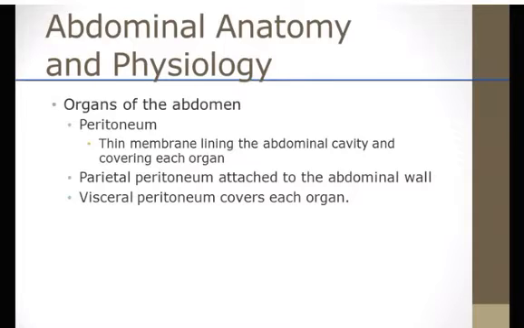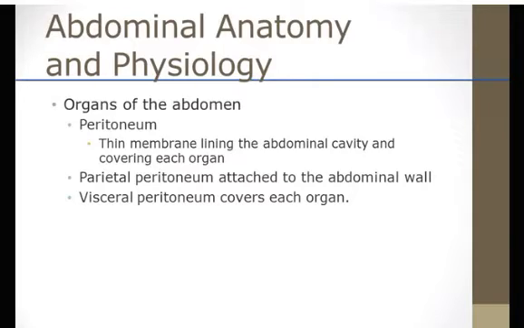The same thing happens in your chest. You've got your parietal lining in your chest, which lines the inside of your chest cavity, and then you've got your visceral lining, which we call specifically a pleural lining, that lines the outside of your lungs.